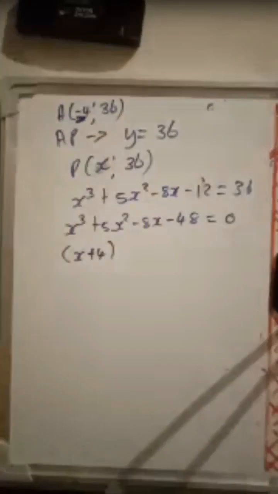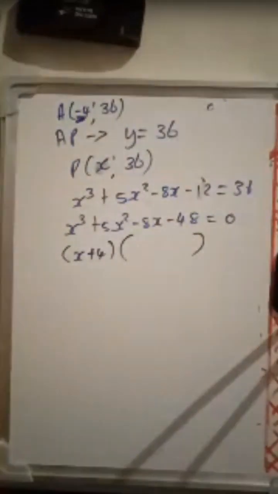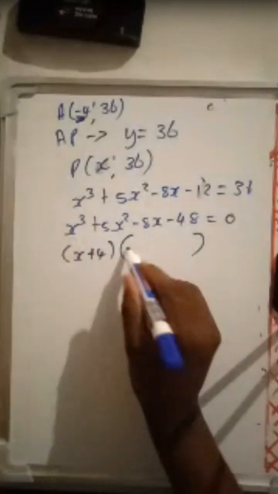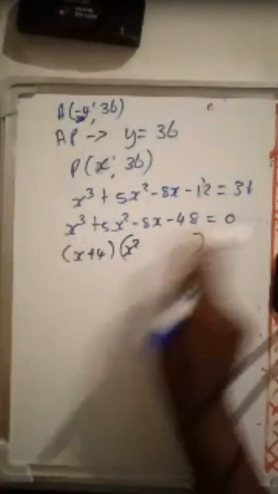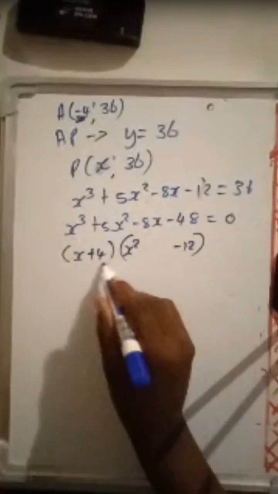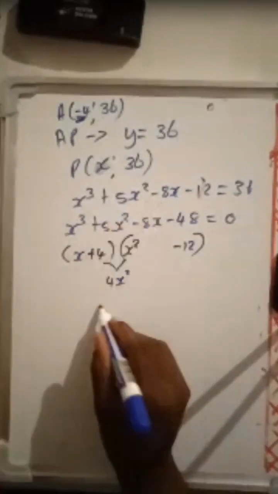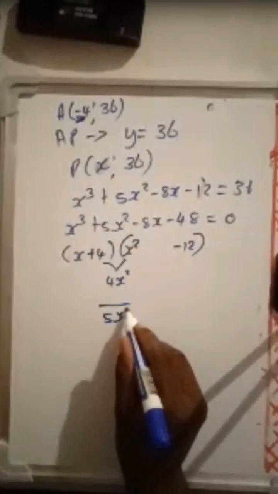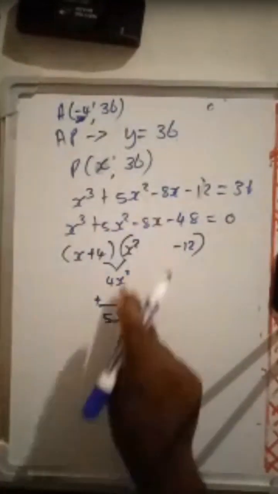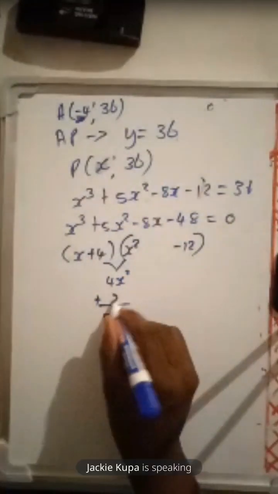So in order to solve the next one, I had to go and divide. x squared, negative 48 divided by 4, I get negative 12. Then multiply this one times this one, I get 4x squared. Taking that from 5x squared, what do I need to add to 4x squared to get that? I need x squared.